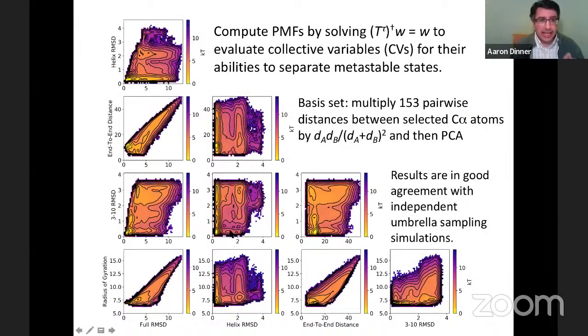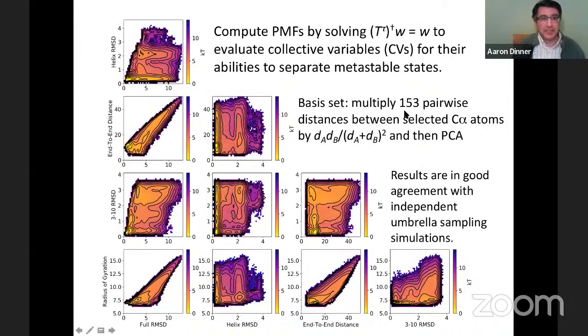Before we get to actual kinetics, let me show you the potential of mean force. To apply the procedure, we have to choose a basis set. I could use a basis set of indicator functions, that would be the typical Markov state model states. Here, actually, we're choosing pairwise distances, so we have the freedom to choose a continuous function.